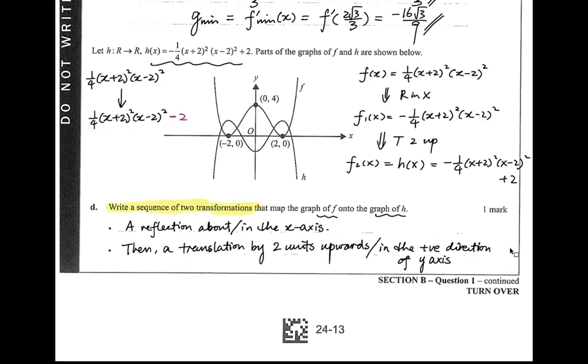Remember, this has to be minus 2 if you choose to do the translation first, because then you apply reflection in x-axis, which will give everything a negative sign, okay? Finally, it will be minus quarter x plus 2 squared, x minus 2 squared plus 2, compensated by the minus in the very front, okay?